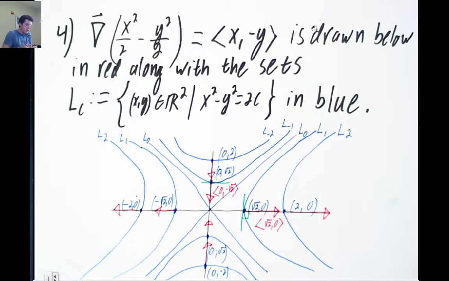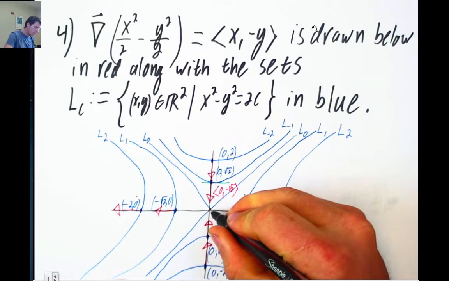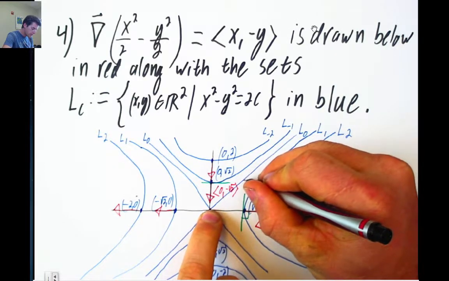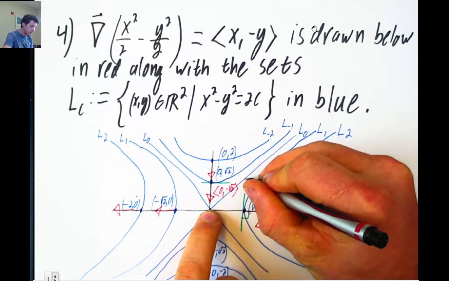Okay, so all these vectors that I've drawn so far have been on the axes, either the x-axis or the y-axis. Let me try to go off the axis. Let me look along the line L0 up here at the point (square root of 2, square root of 2), right there.